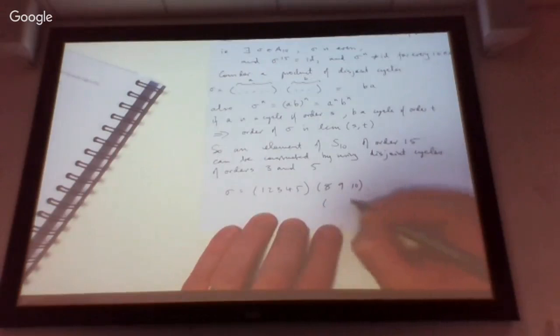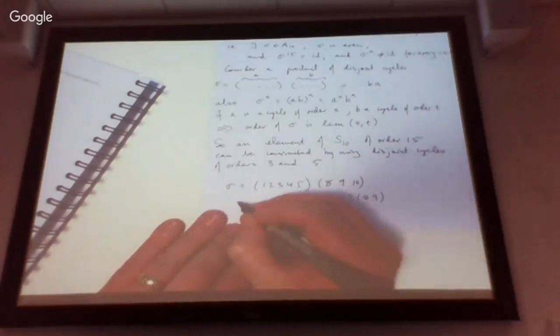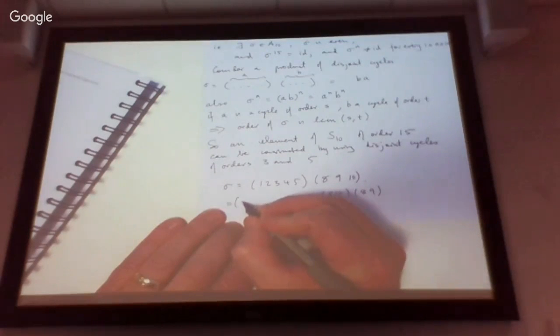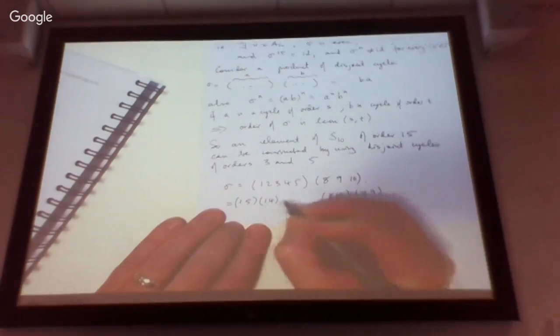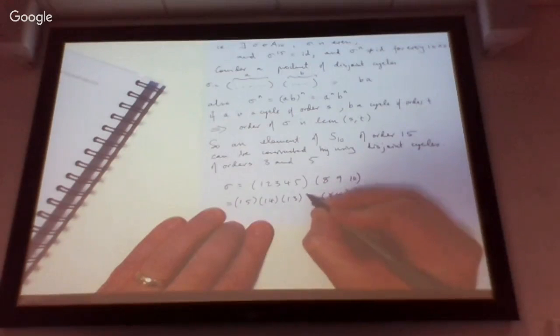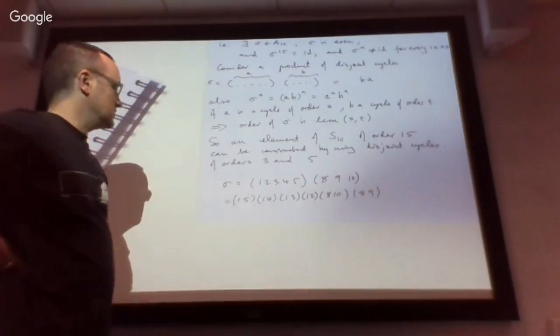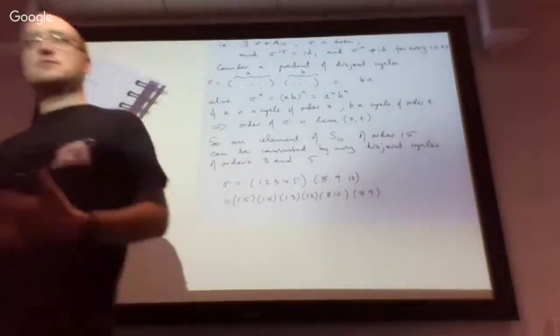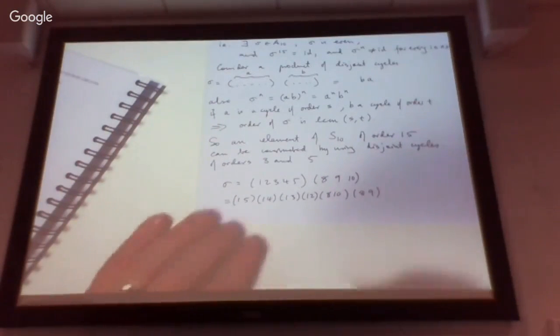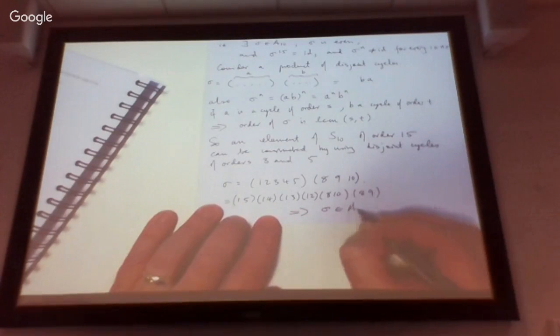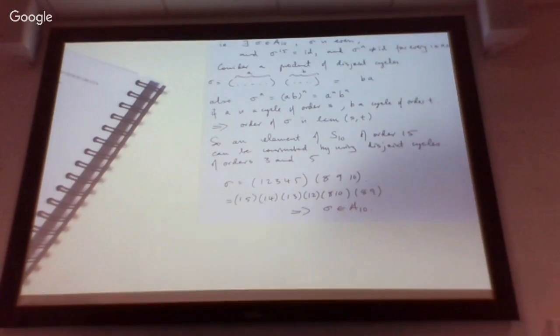Because this one will be 8, 10, 8, 9, and this one becomes 5, 4, 3, 1, 2. So they're each even, so the product of them is going to be even. So you go 1, 2, 3, 4, 5, 6. So it's an even number. That implies sigma is in A10, the alternating group.